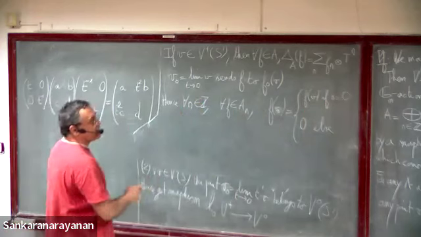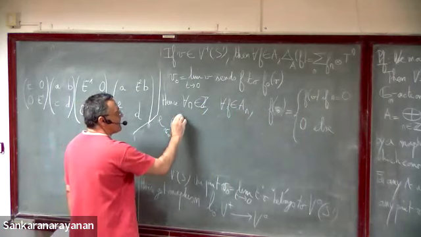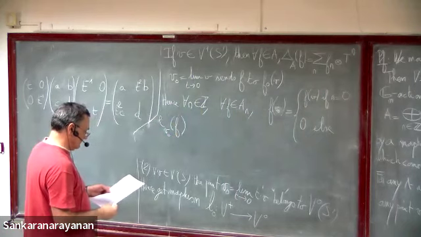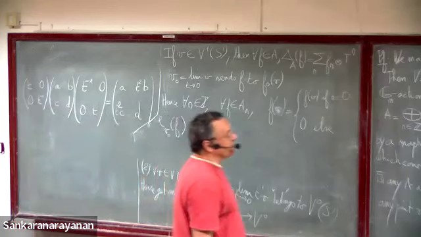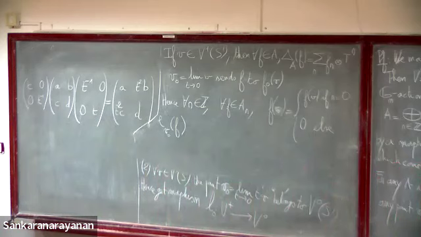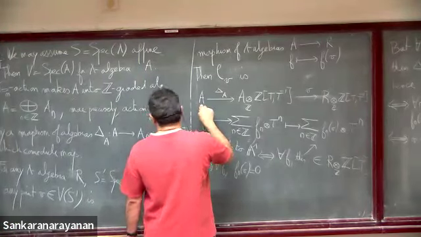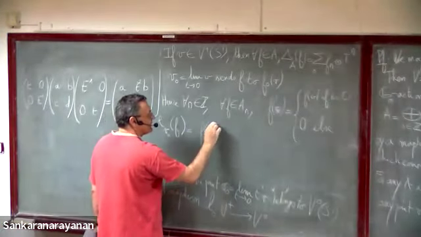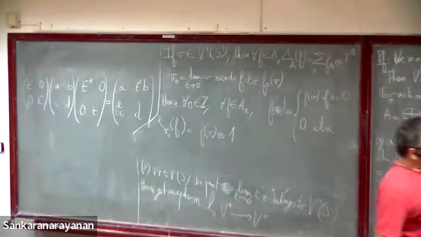Okay, and so this means that the map rho V0 takes any F here to F evaluated at V tensor 1, because all the other terms vanish.